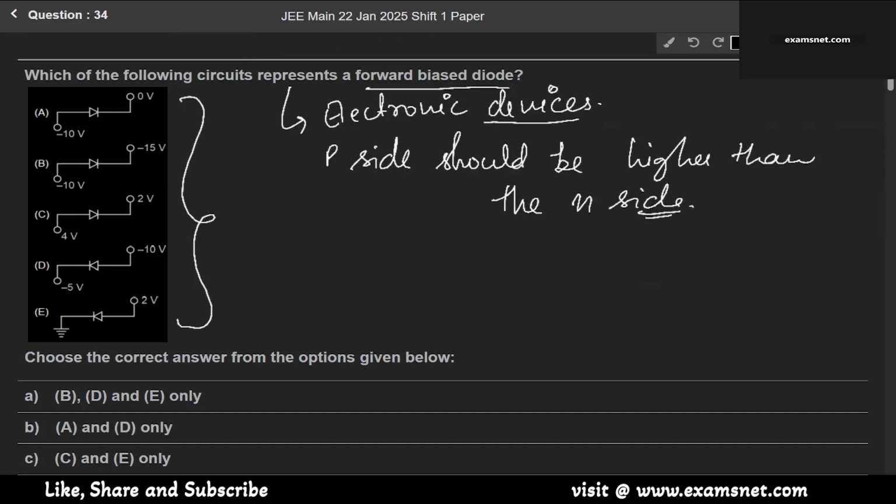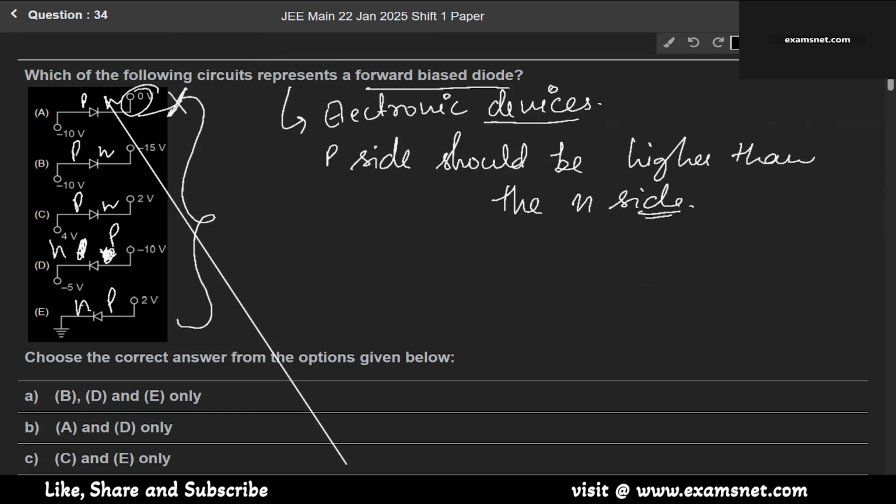So here, this is P, this is N, this is P, this is N, this is P, N, P, N. Sorry, this is P and this is N, and here also this is P, this is N. So in the first case, P is having less potential than the N side, so this will not be correct.